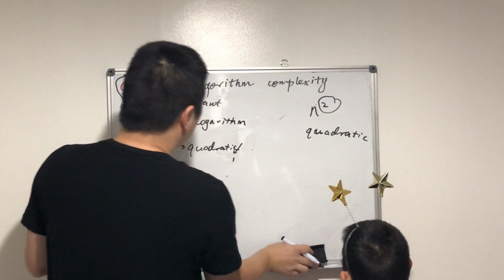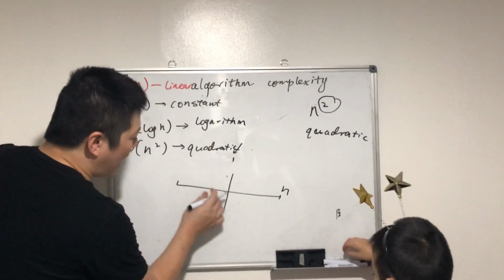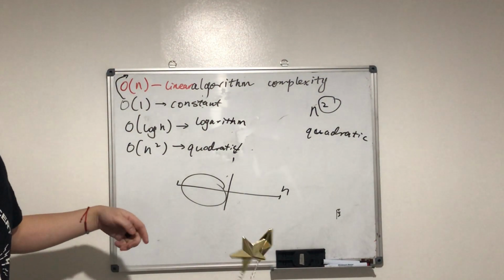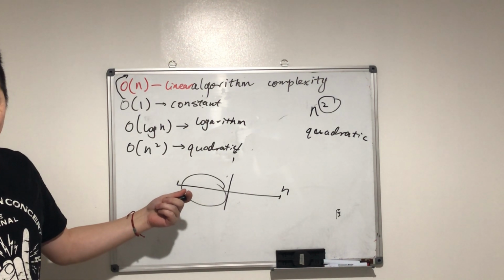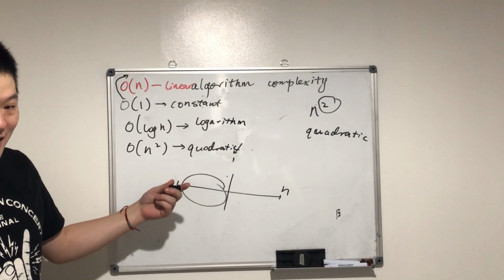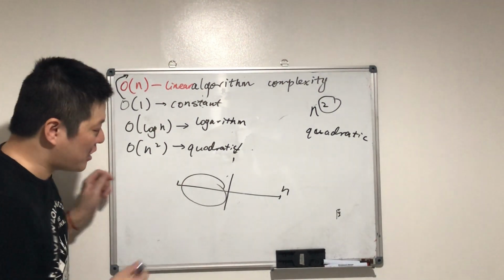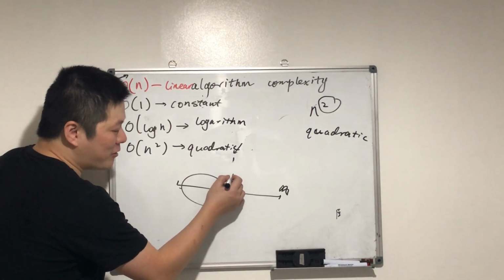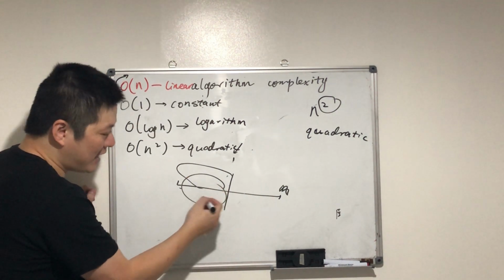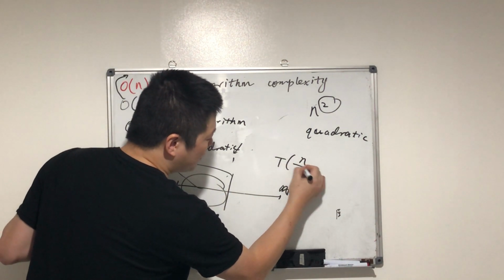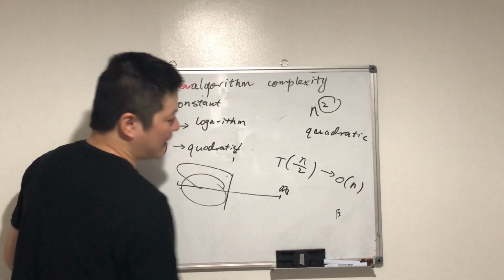So if a list has n items and I want to search only half of it, what's the complexity? Is it still linear? There are n items, but I only need to scan half of it. Previously it's n, but this time it's 2n over 2, but still the complexity is O(n).